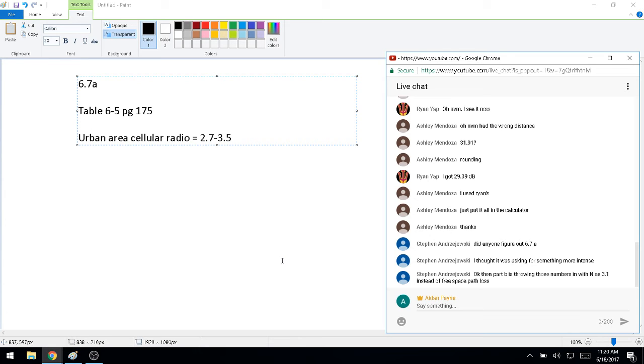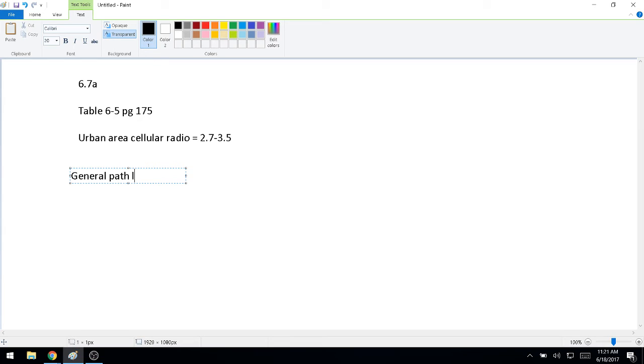175. So again, for part B, we're looking at the general path loss formula, which is loss in dB equals 20 log wavelength, plus 10n, where n is our path loss exponent, log d, minus 10 log GT GR.